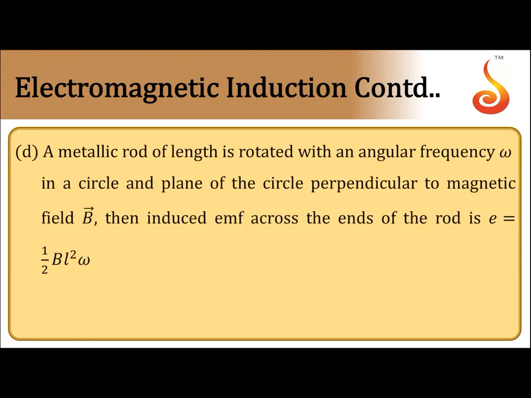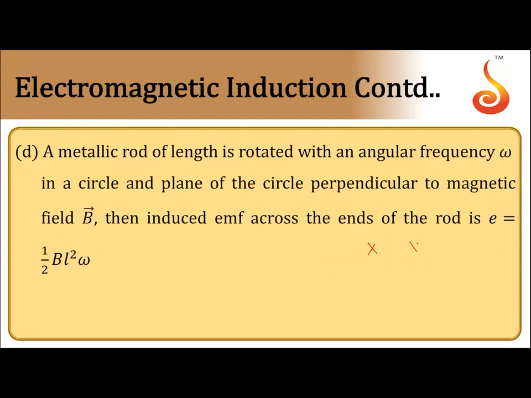Next, a metallic rod of length L is rotated with an angular frequency omega in a circle, and the plane of the circle is perpendicular to the magnetic field B. Then the induced EMF across the ends of the rod is E is equal to half BL square omega.